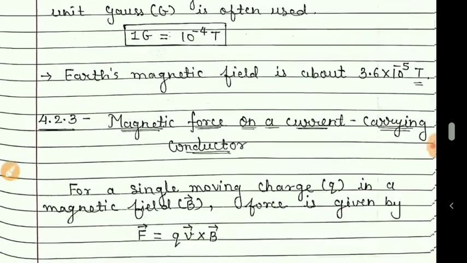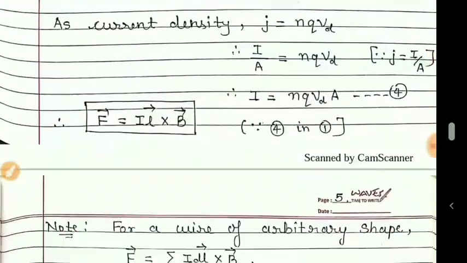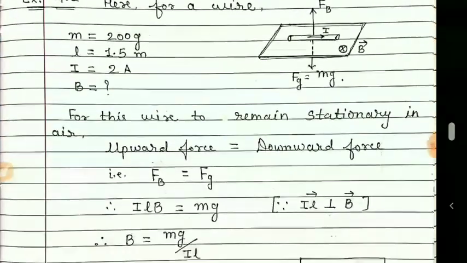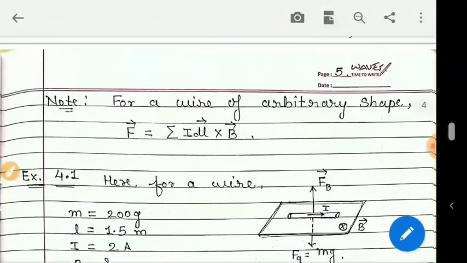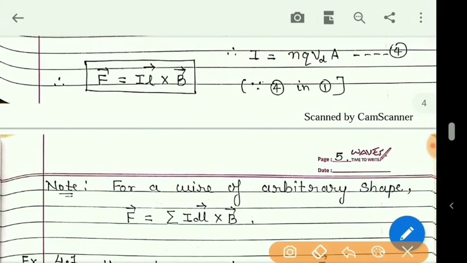So here also, as these two quantities, that is current element and magnetic field, are perpendicular to each other, we can simply write this as ILB. The magnitude of force is simply ILB.